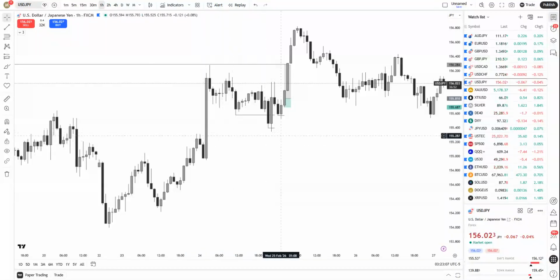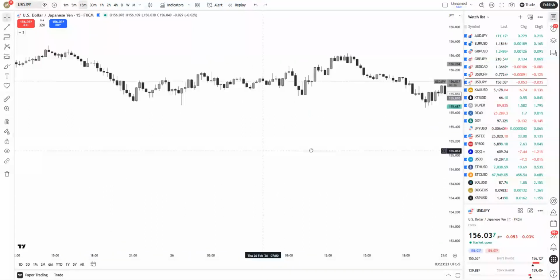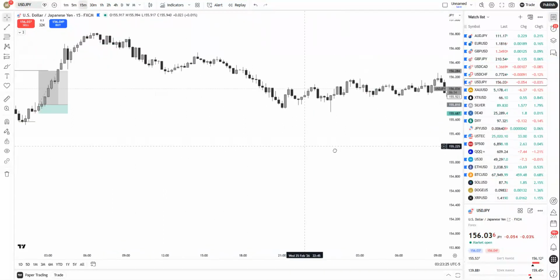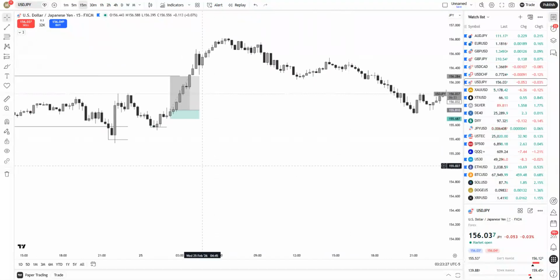We were respecting the 50% of that bullish day. We also swept on the hourly. We did another internal sweep, and then yeah, you've got to be reactive, I guess.